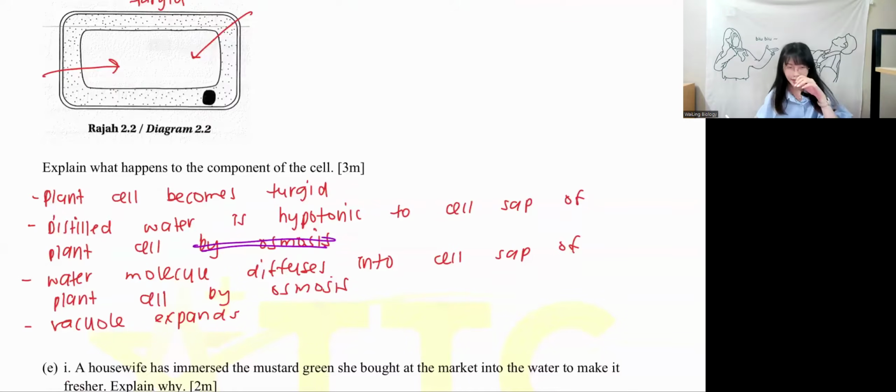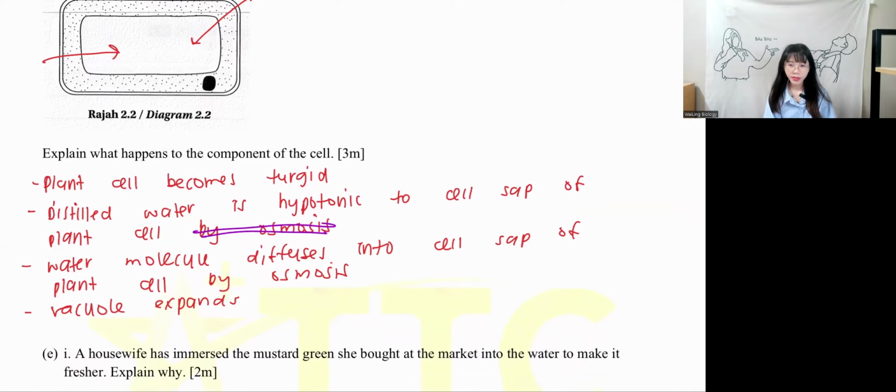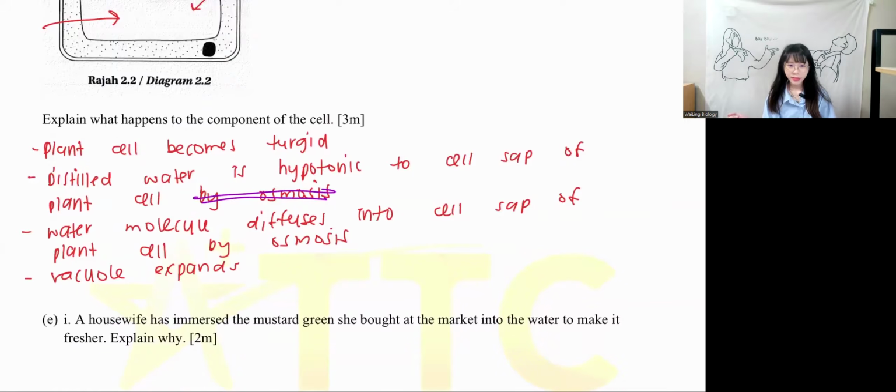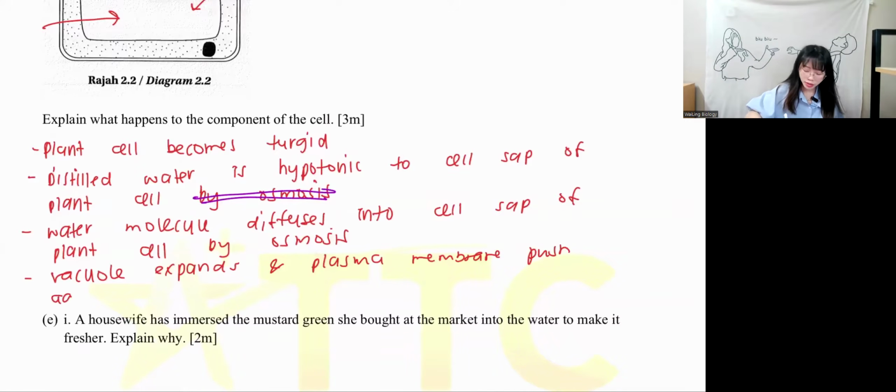But if you don't want to write the third or fourth sentence, that's fine, because for three marks, the first 3 sentences are already done. Do I recommend memorizing answering keywords for the exam? If you can, that will be the best. If you want to write that the plasma membrane pushes against the cell wall, that also works. Only 1 sentence left: the plasma membrane pushes against the cell wall.